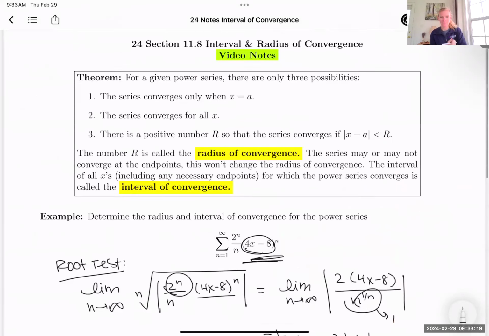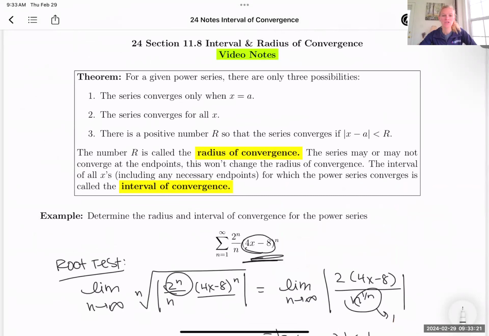Okay, so let's go back up to our definitions up here. The interval of convergence is the interval of all x values, including any endpoints, for which the power series is convergent. That's the interval of convergence. The radius of convergence is just half of that width, okay?